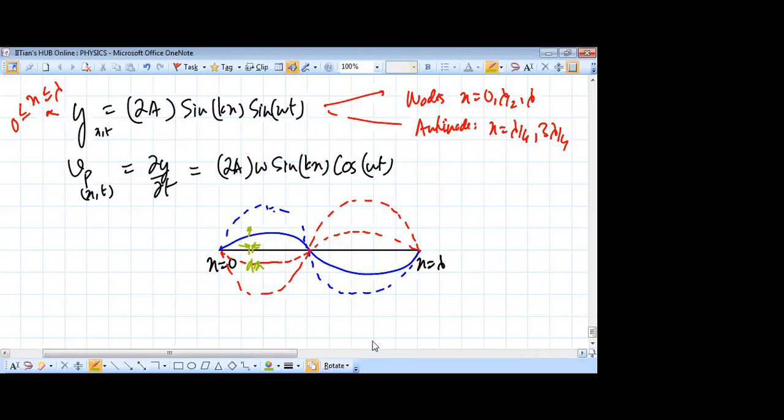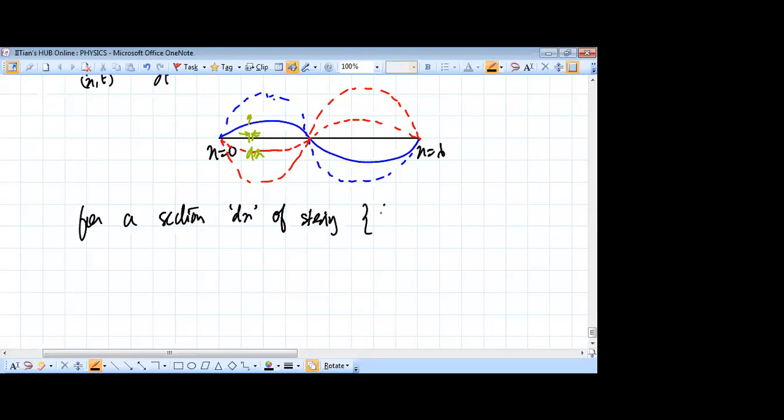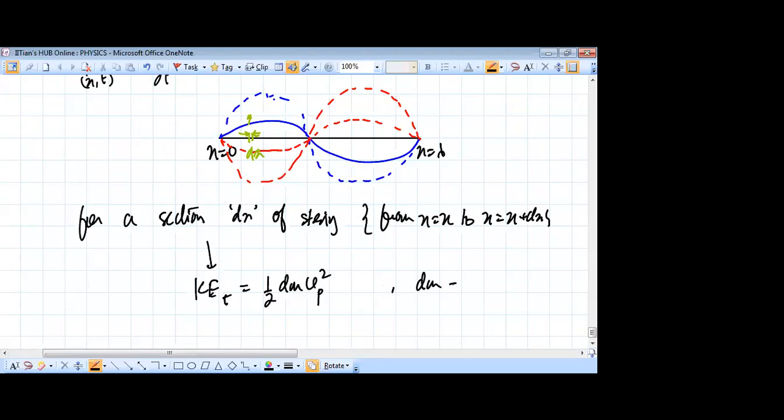So for a section dx of the string, that is from x equal to x to x equal to x plus dx, the kinetic energy as a function of time will become half dm into particle velocity square, where dm will be linear mass density into dx.